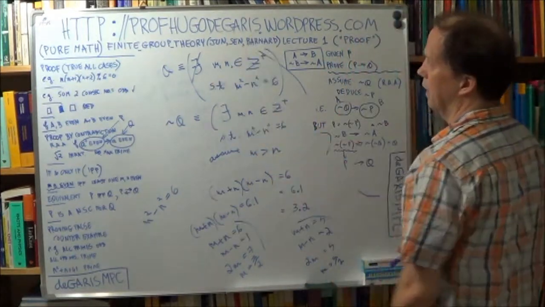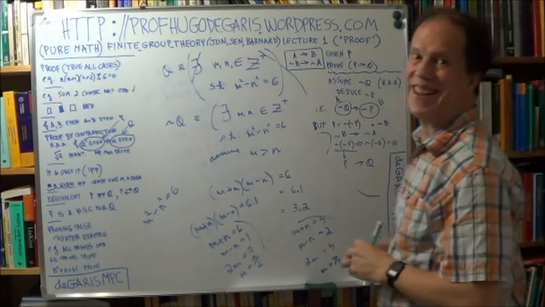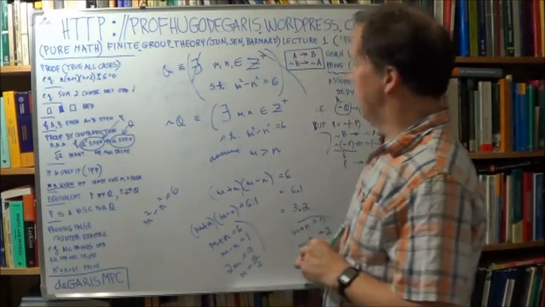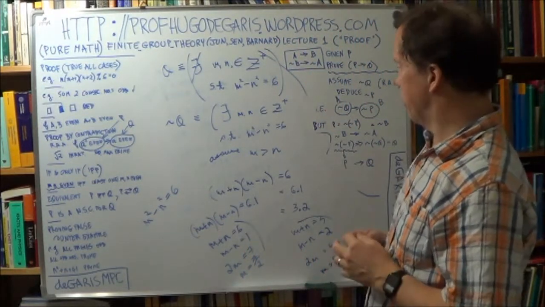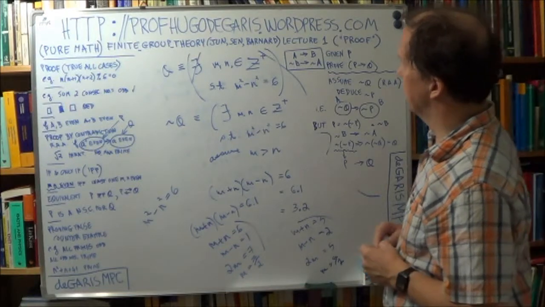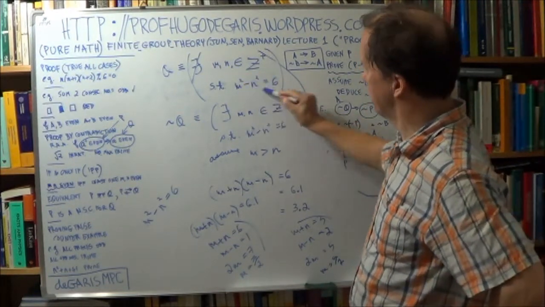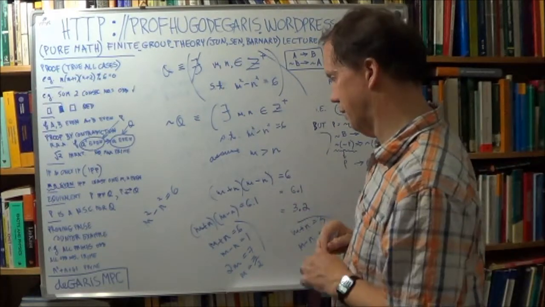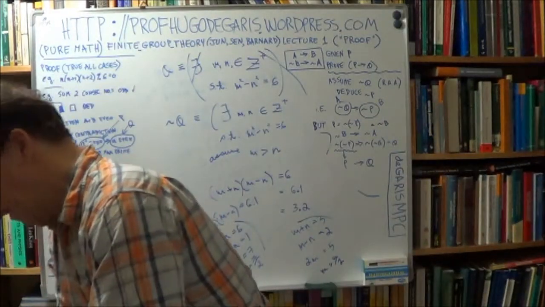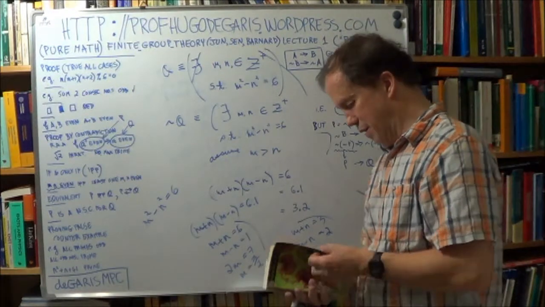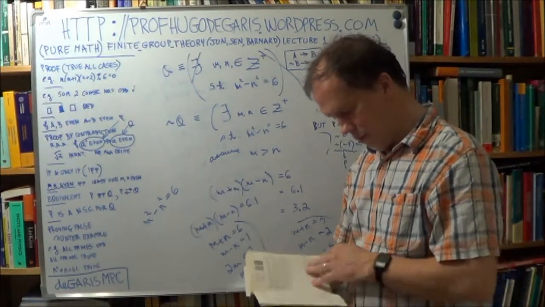So by RAA, by proof by contradiction, you have shown that you can't have m and n both integers such that this is true. Okay, so that's that one. Right. Next example.